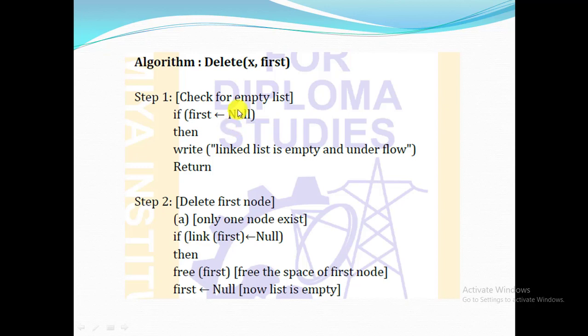We will see the algorithm for the delete operation. First we have to check the empty list. If first is equal to null, then linked list is empty and underflow. Then delete the first node. If there is only one node in the singly linked list, then link of first is equal to null. Then we have to free the particular node and first is equal to null.